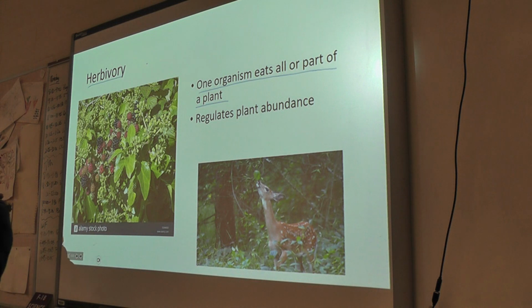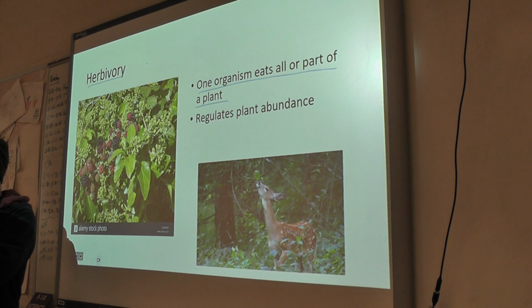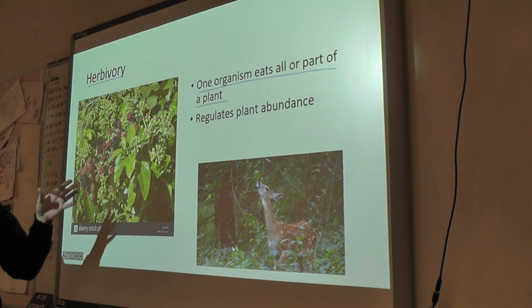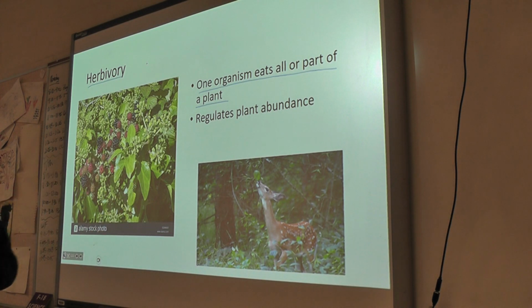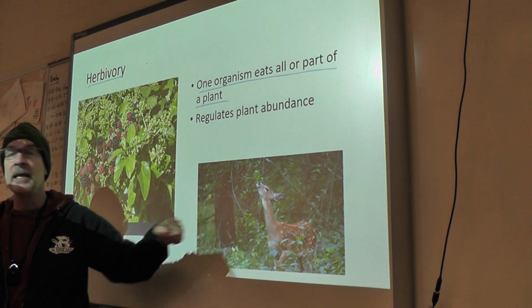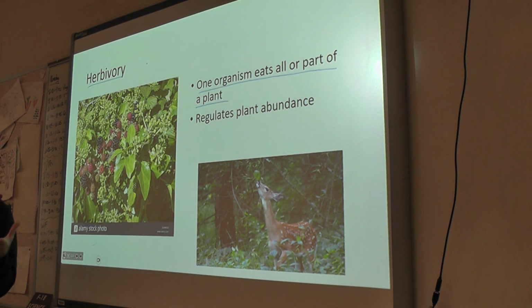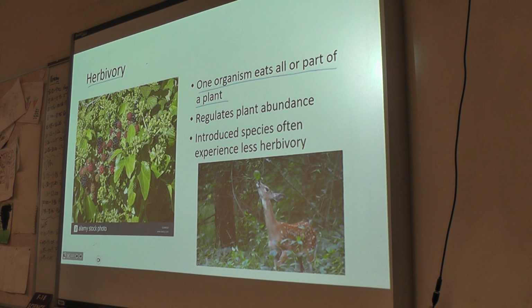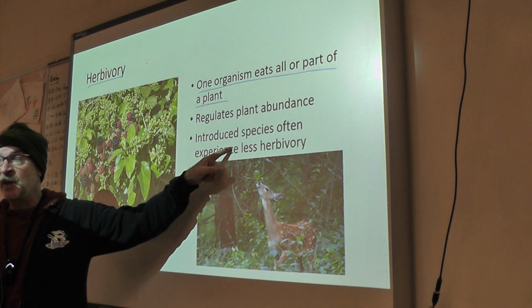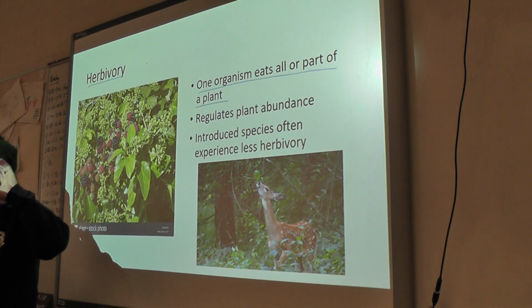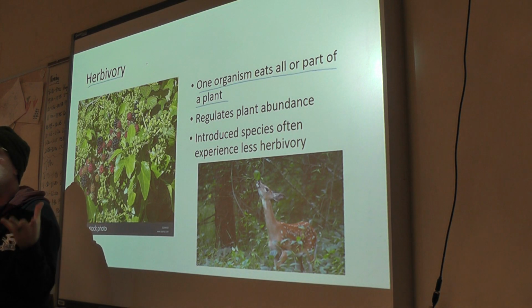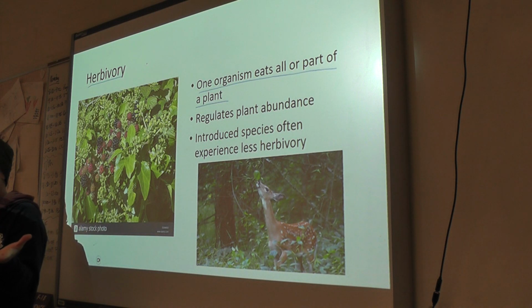And in a non-human environment, that abundance of vegetation is regulated by herbivory. We have organisms that eat all or part of plants, and so there's a lot of natural regulation of plant abundance. And one of those super interesting things, and you all know a little bit about this, is that when we have an introduced species, a non-native species, those organisms often don't have any natural herbivores that eat them.